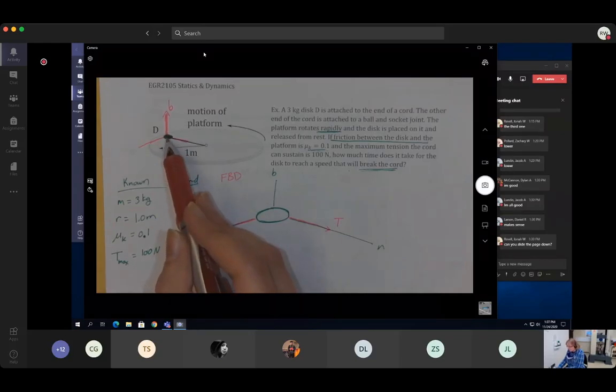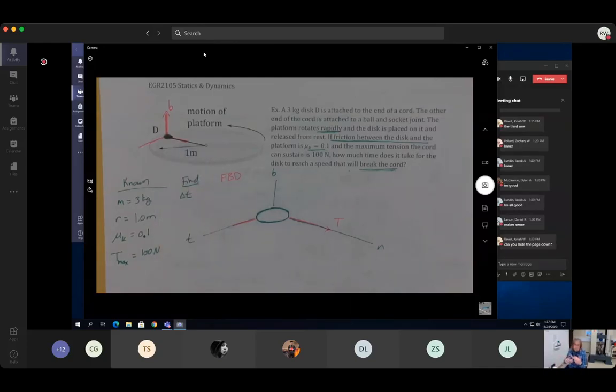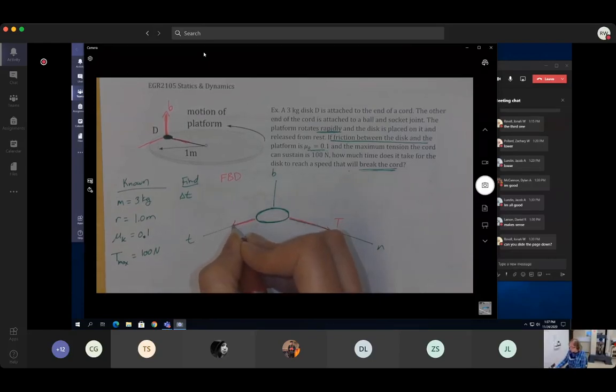It depends on where our relative motion is, but essentially it's the friction that's going to get our disk moving with the platform. So in this case, friction is actually going to be in the same direction that the disk is moving.